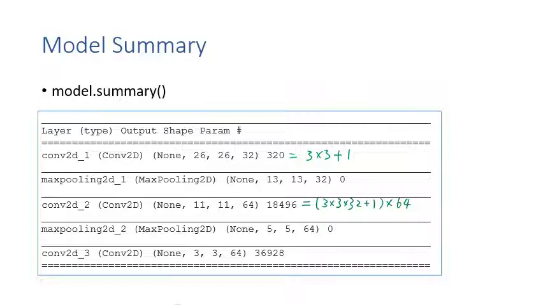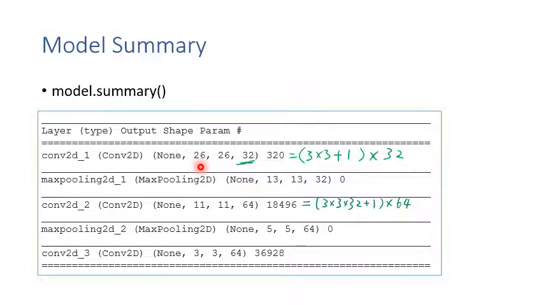So the number of weights is 3x3 times 1, and this is the parameters of one kernel, and we should multiply it by 32 because the output channel size is 32. So the total is 320.